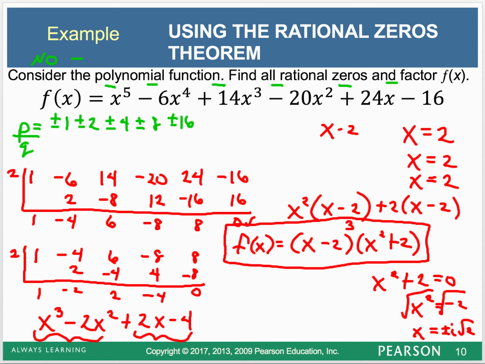Okay, so our zeros then are x equals 2 and x equals plus or minus i square root of 2. All right. And I do have 5 of them. It's just that 3 of them are 2's, right? 3, and then there's 4 or 5, which is a nice thing to double check.